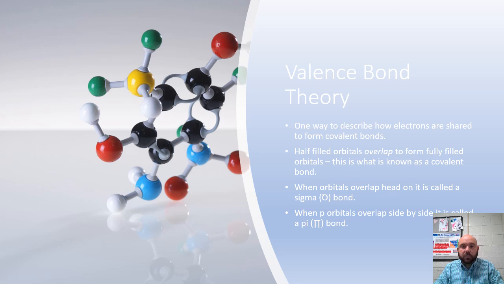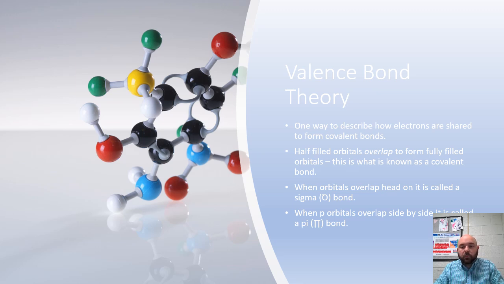The linchpin of the valence bond theory is that half-filled electron orbitals overlap to form fully filled orbitals. This is what we call a covalent bond: when two half-filled electron orbitals from two separate atoms overlap and share those electrons in order to fill those orbitals completely.